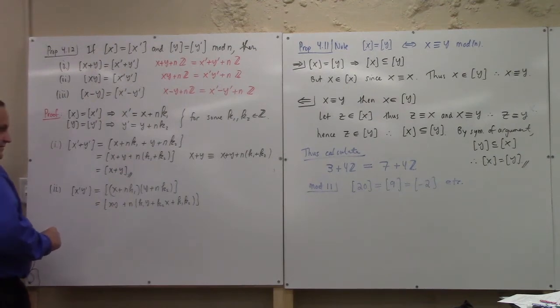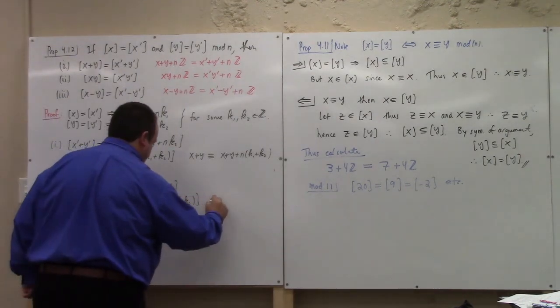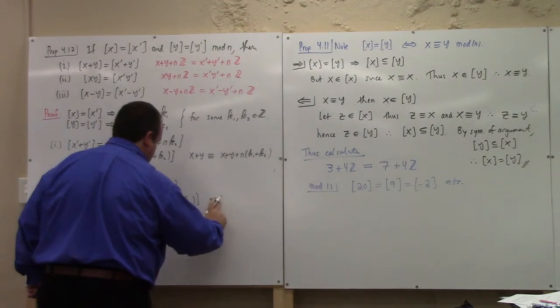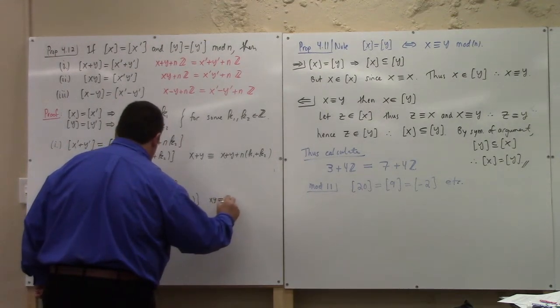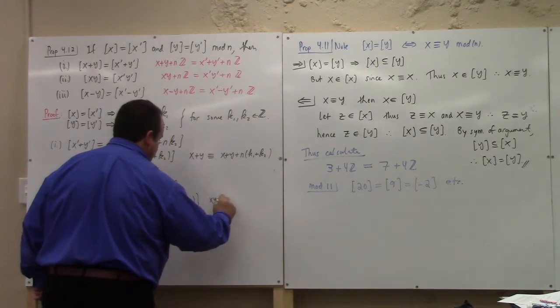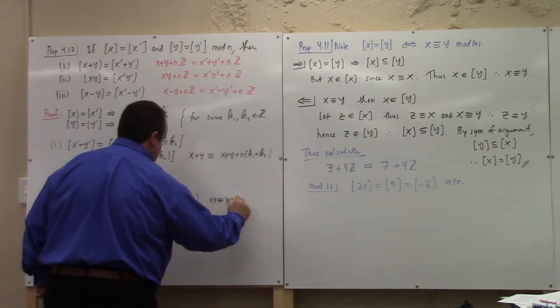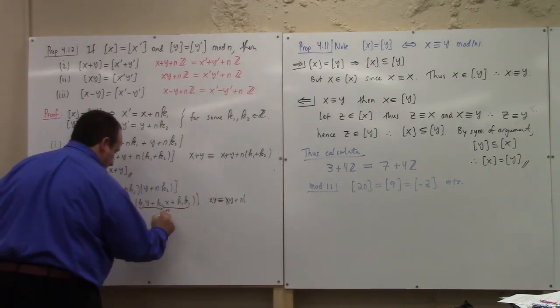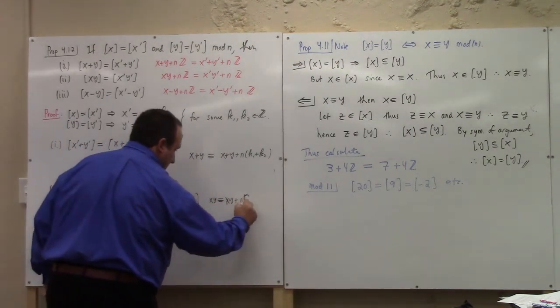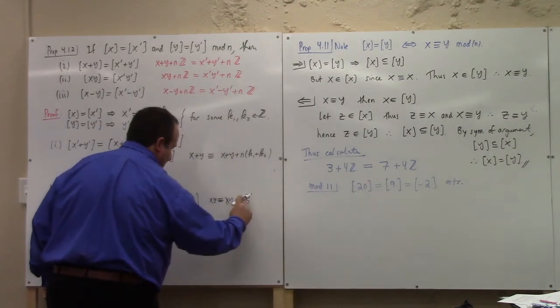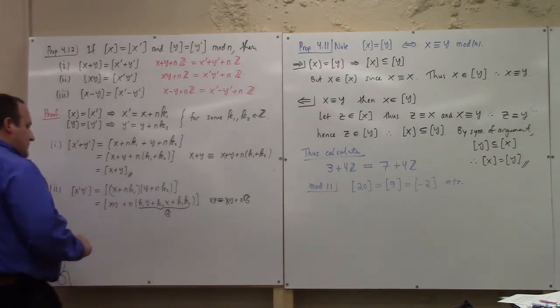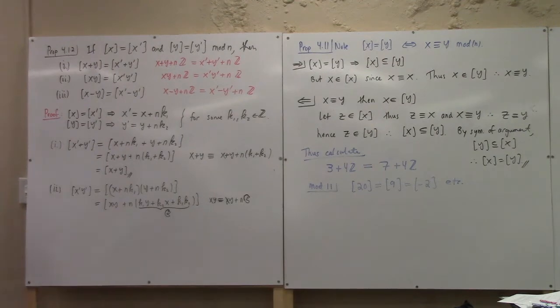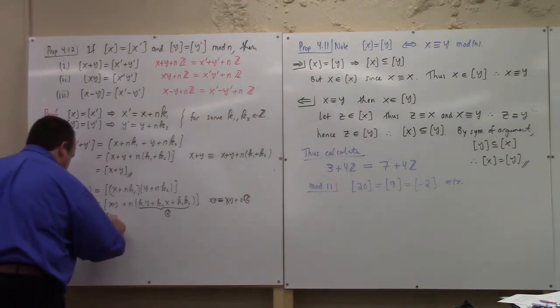But clearly, xy plus n times that is congruent mod n to xy. I'm tired of writing this, so I'm going to call it my happy face. Wait a minute, that's not a happy face. That's a Pac-Man. Come on. All right, there we go. So anyway, again, by proposition 4.11, here we go.